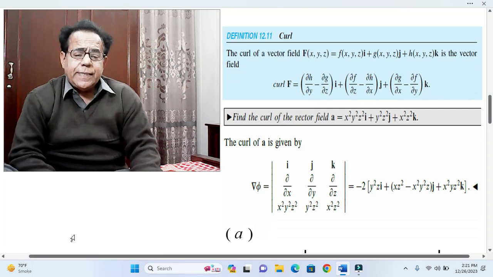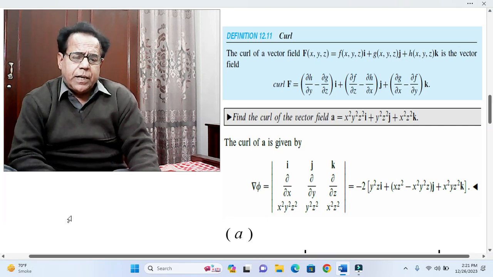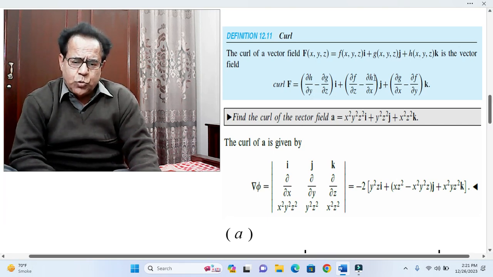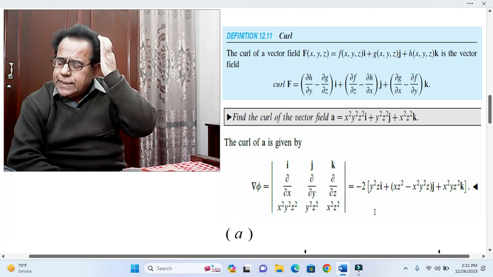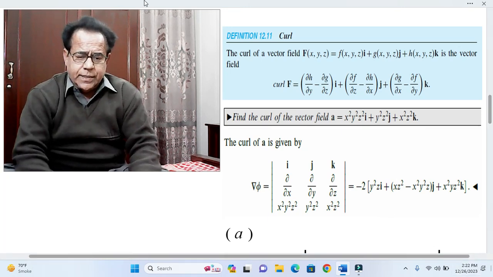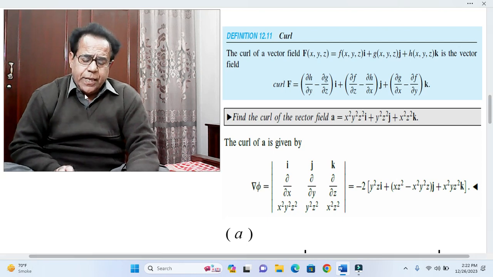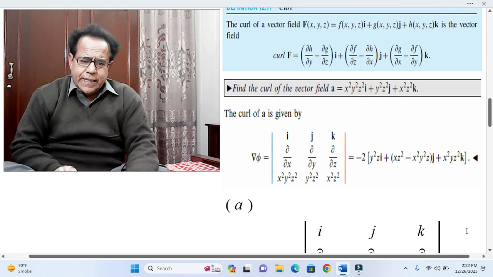Next snapshot, which is also used just as a supplement. Curl: the curl of a vector field F is the vector field given here. We do not explain this because we have already studied the topic of curl; this is just a recapitulation. Then once again find the curl of the vector field A equal to this.